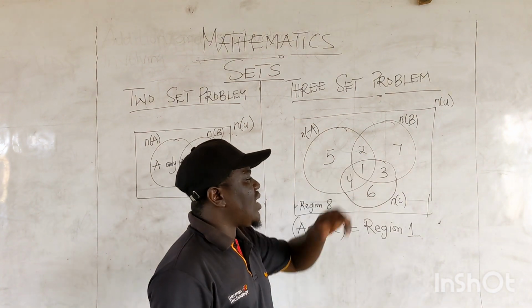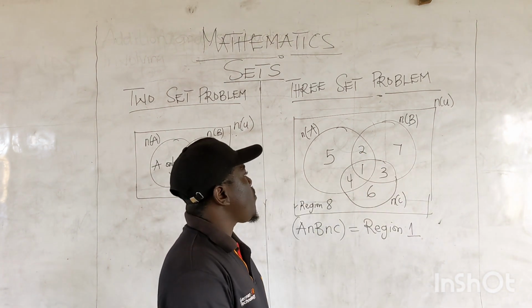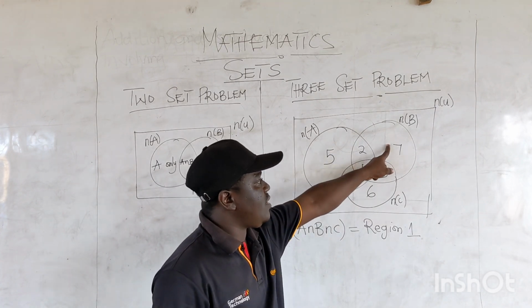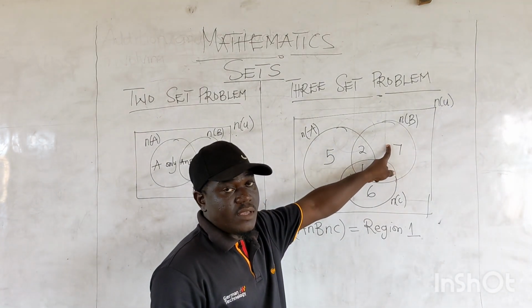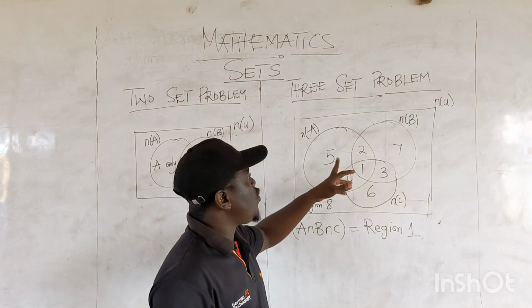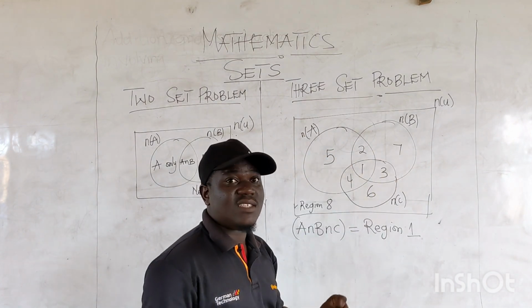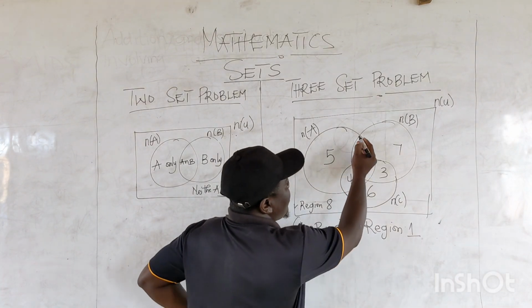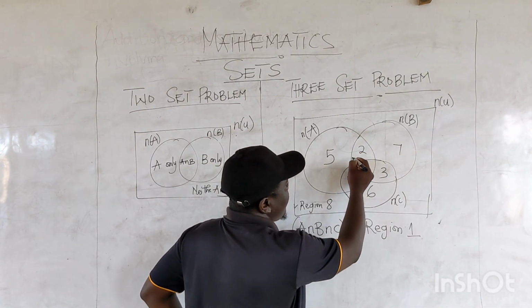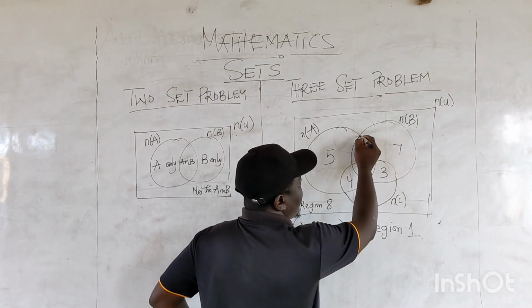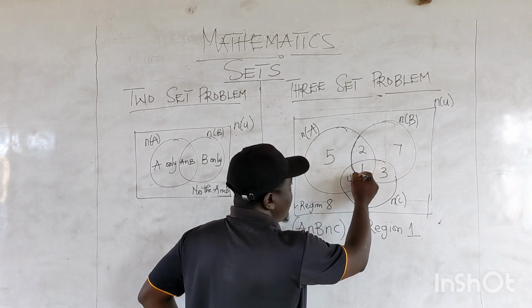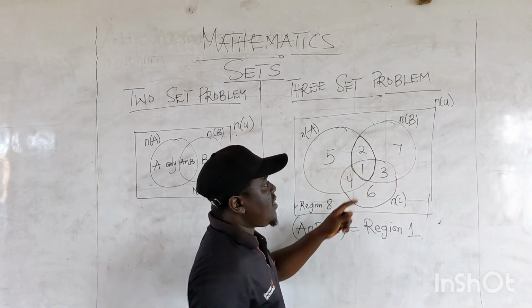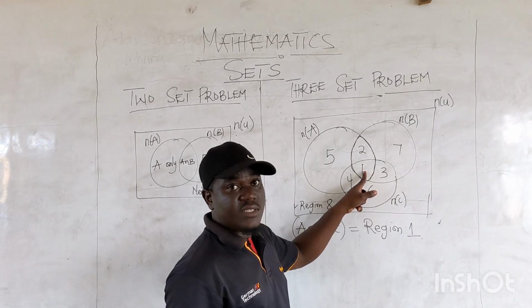Then when we take a look at region 2, it is the intersection between A and B. But we can't say region 2 is simply A and B intersection. Why? Because when we look at A and B intersection, it takes both the intersection of the three, as you can see, I'm deepening the lines. It takes both the intersection of 2 and then 1.